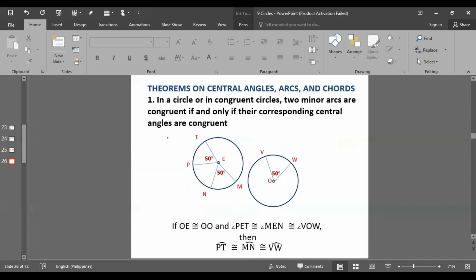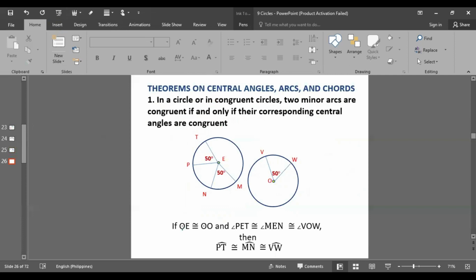Let's have now the theorems on central angles, arcs, and chords. Number 1, in a circle or in congruent circles, two minor arcs are congruent if and only if their corresponding central angles are congruent.